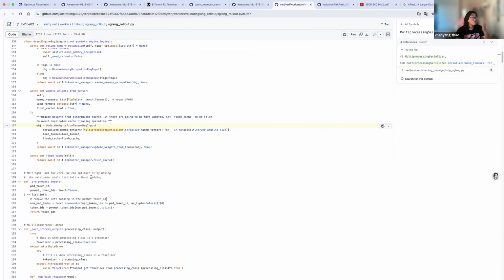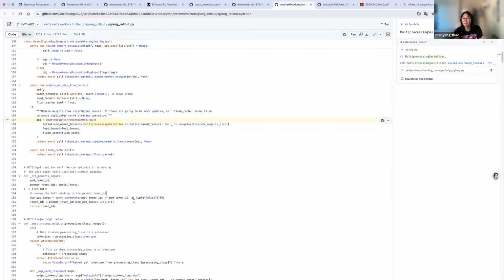Remember, in Verl, SGLang does not have separate modes like the asynchronous one or the synchronous one. We only have one engine, and it will dynamically decide what kinds of rollouts you want to do. If we are doing multi-turn RL with tools, we will use the asynchronous one. And if we are using the traditional GRPO or PPO, we still maintain the batch inference. So that's the thing we have done.